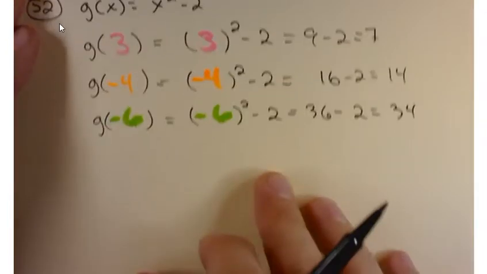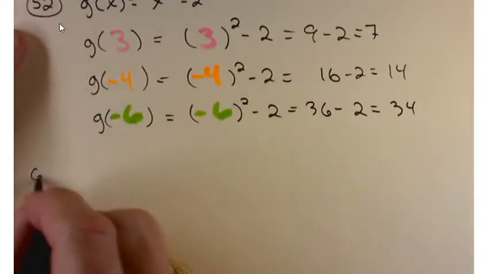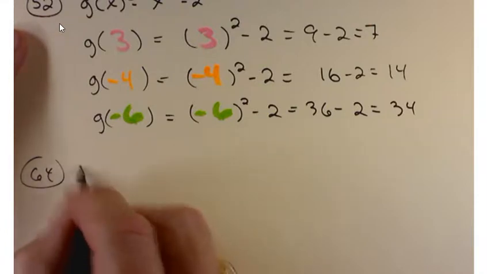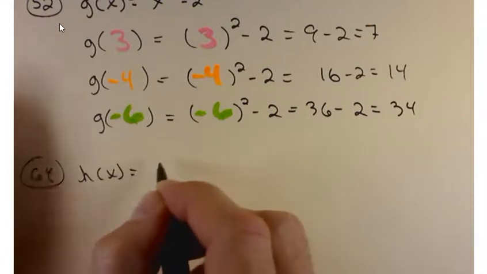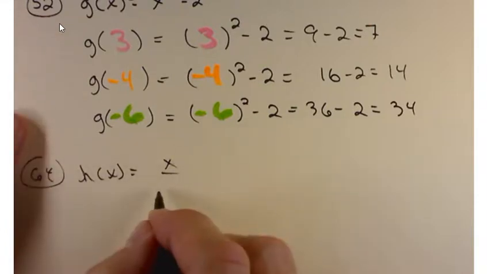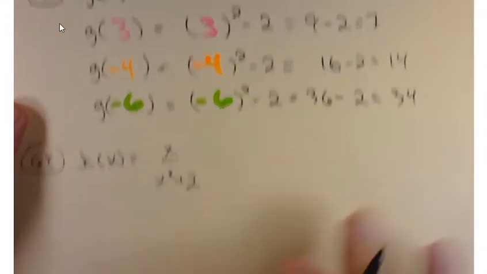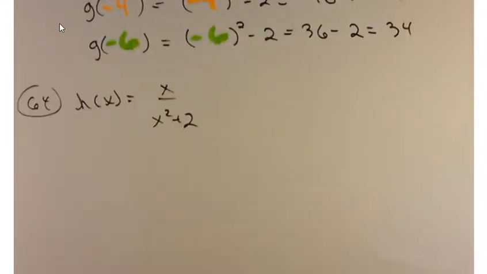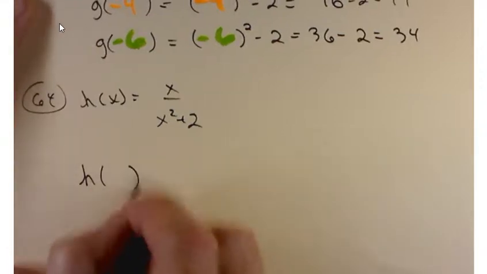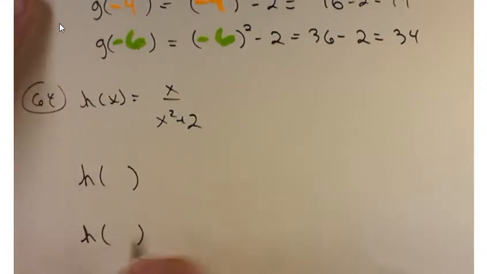One last one like this, problem 64. H of x is x over x squared plus 2. And let's find a couple more values here.